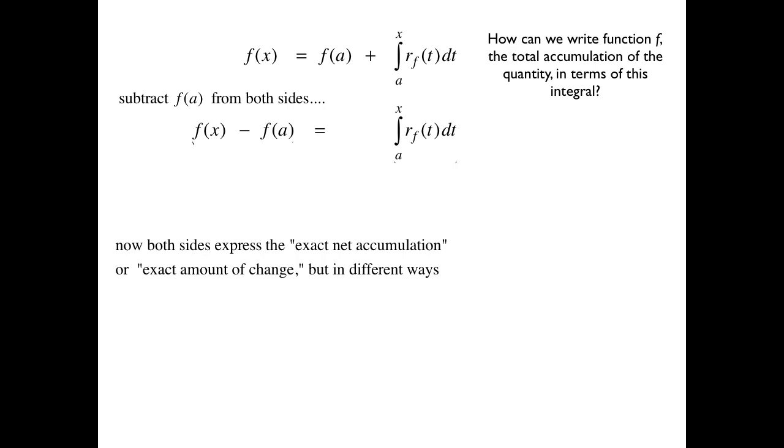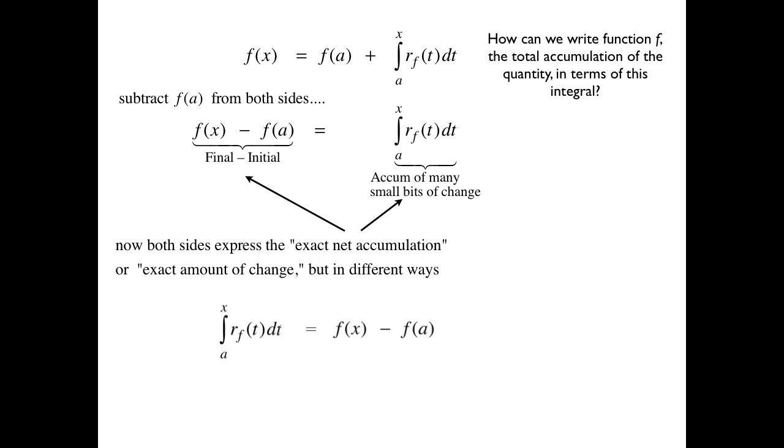Final minus initial, right? The final amount of the quantity minus the initial amount of the quantity. And this other side we know is the accumulation of many small bits, right? Starting from a, accumulate bit by bit. But both then give the exact amount of change from a to x.